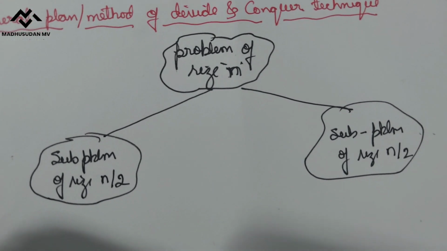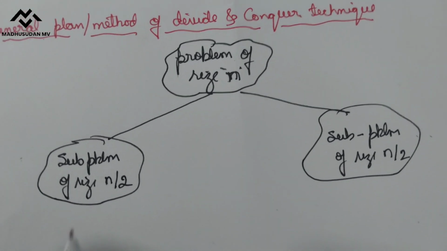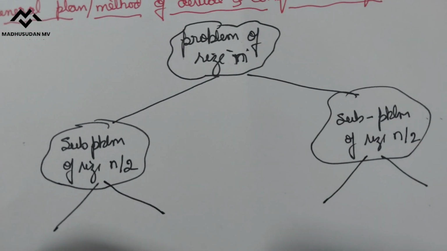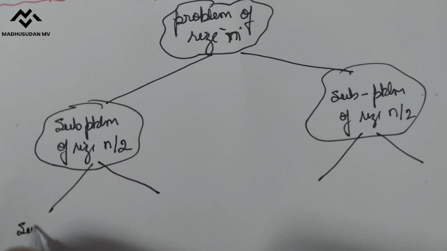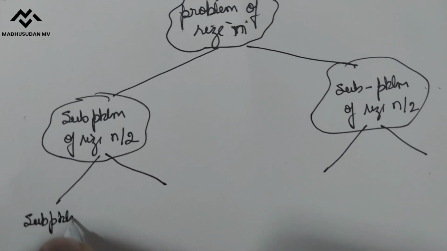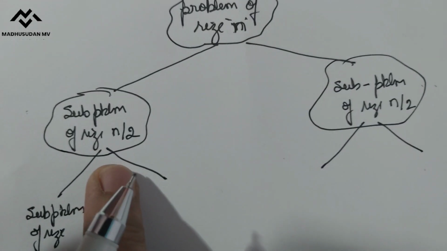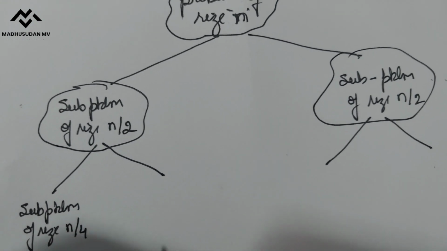Assume these two sub-problems are still large. Then we again divide each of these two sub-problems into further sub-problems. Dividing this half again into half, this is n by 4.